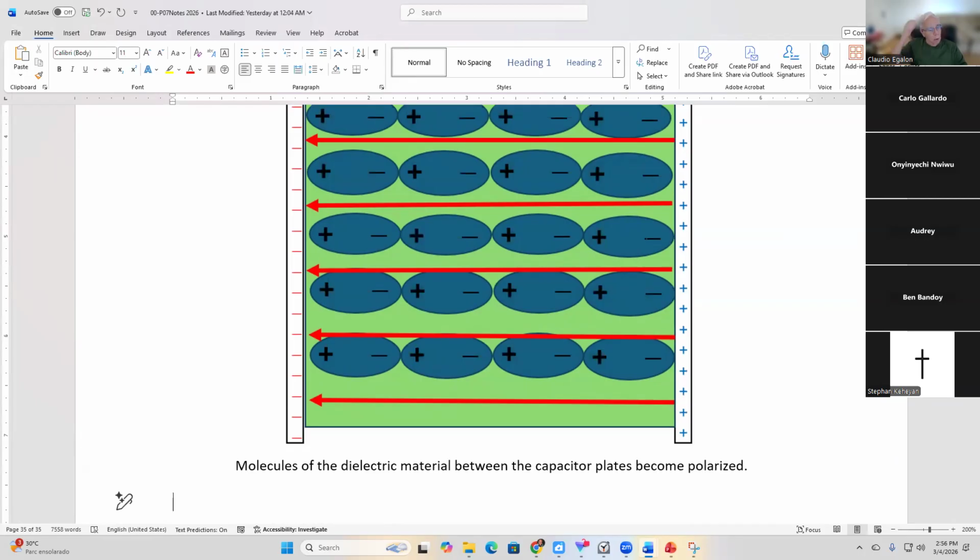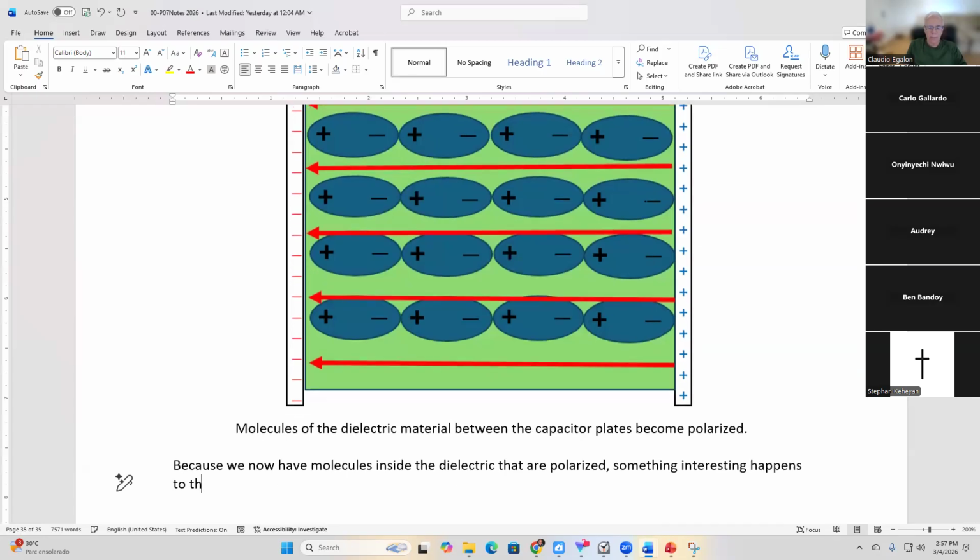Now, the fact that we have this polarization means something else happens within the capacitor. Because we have molecules inside the dielectric that are polarized, something interesting happens in the capacitor.